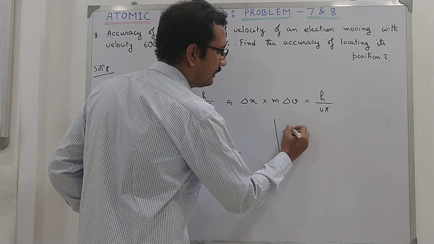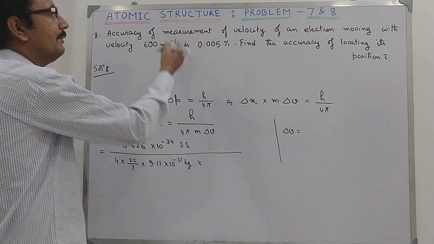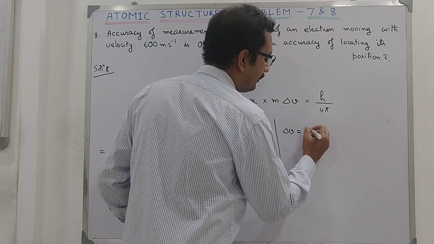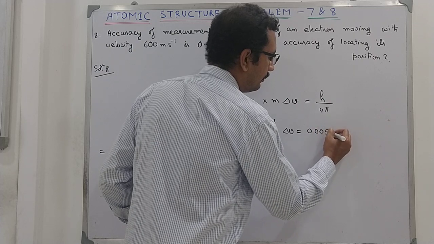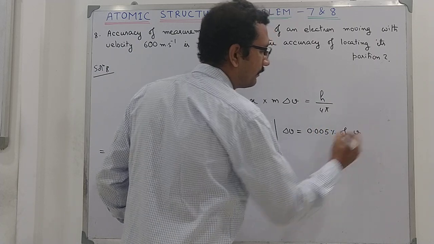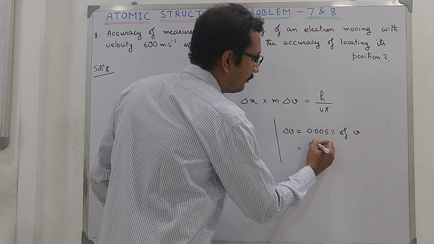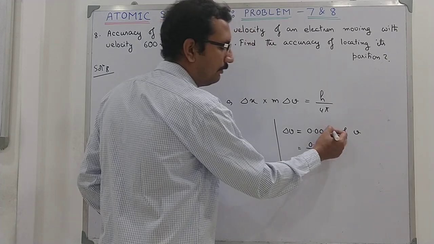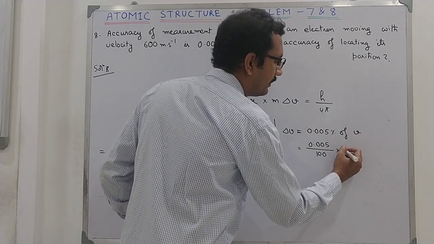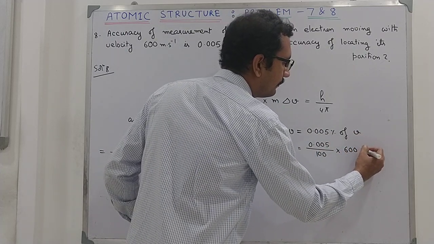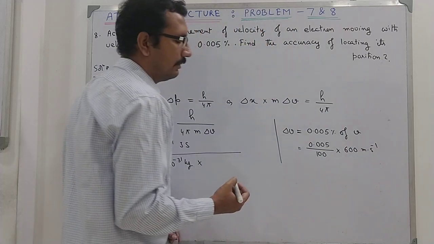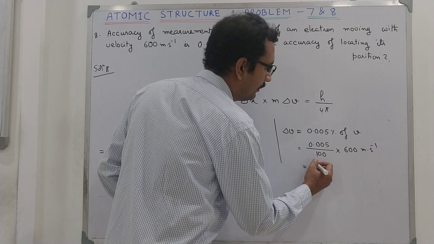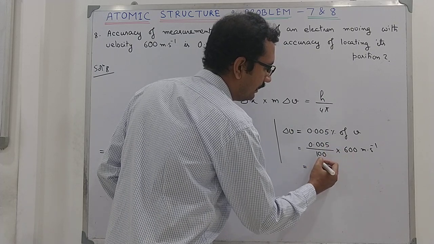Now what is the uncertainty in velocity? It is the accuracy in measurement. So it will be 0.005% of velocity. So it is 0.005 by 100, 100 counts due to percentage, into velocity, that is 600 meter per second. Now this 100 and 100 will cancel out, so we will have 5 into 6, it is 30.